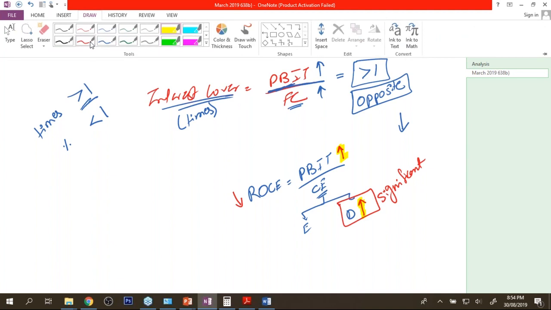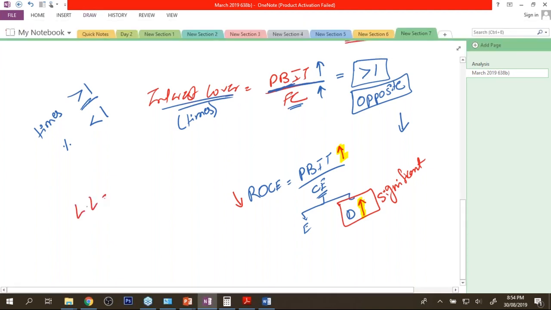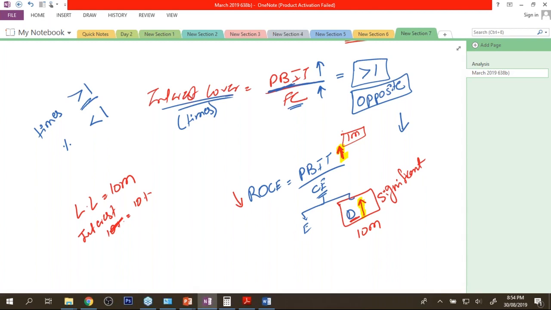Let's suppose that my lease liability was, let's say, 10 million and my interest rate was 10% basically. So the lease liability will be increased by 10 million. But the impact on the PBIT will be somewhere around 1 million, or less or more. So comparatively, the denominator is going to have a heavier impact.